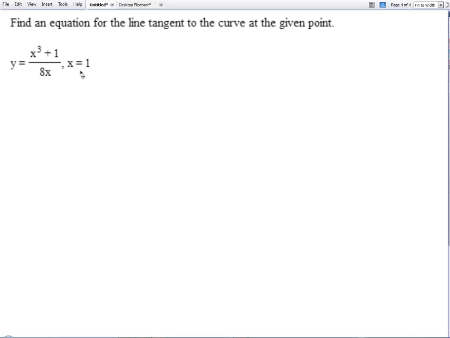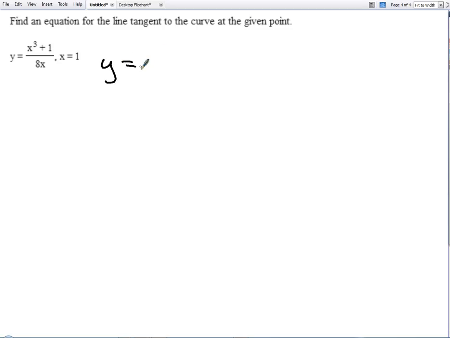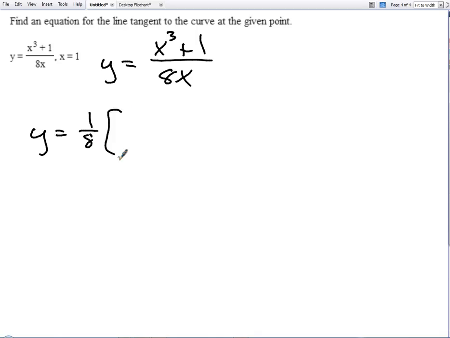Okay, so first things first. Let's go ahead and rewrite this function. I've got y equals x cubed plus 1 over 8x. What am I going to do to make this a non-quotient, because the quotient rule is a little bit messy? Pull the 8 up front. I got rid of the 8.